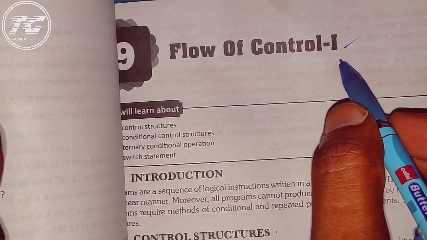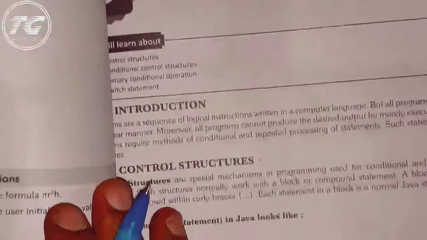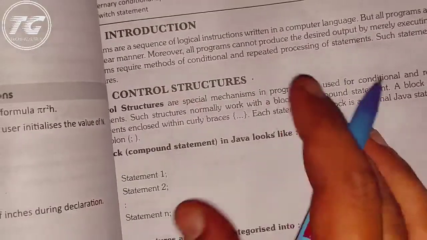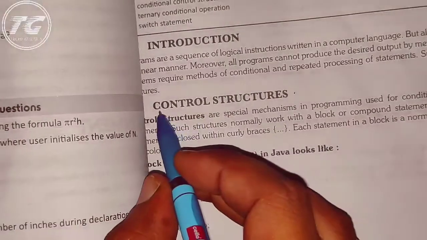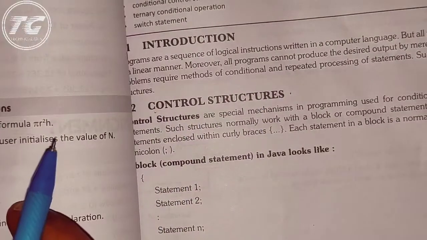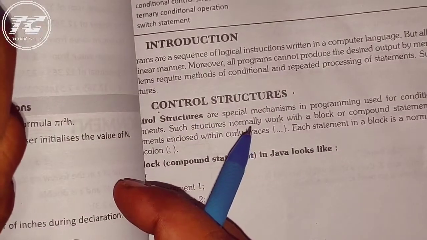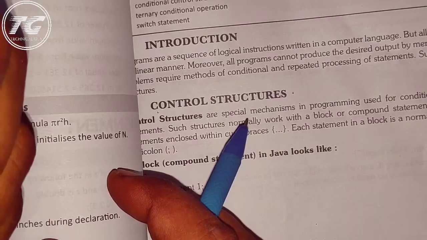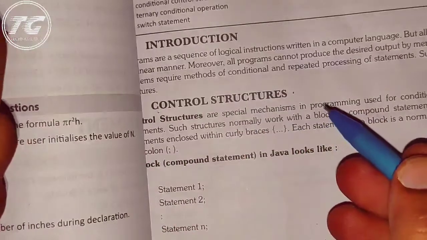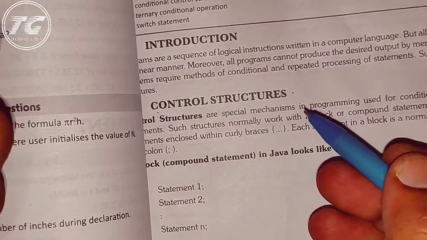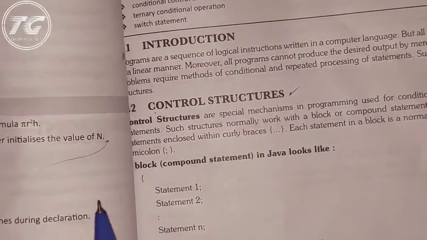If you want to change it, we can change the execution flow with the help of some commands or statements known as control structures. These are also called control statements in Java. With the help of control statements, you can control the execution flow in your program.